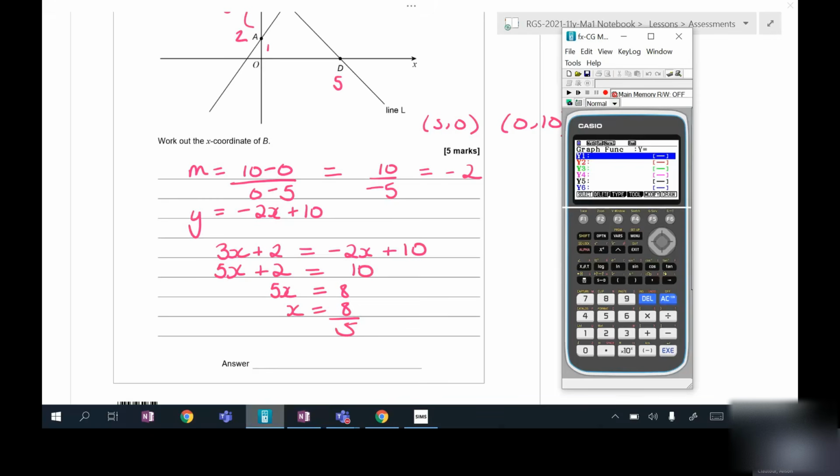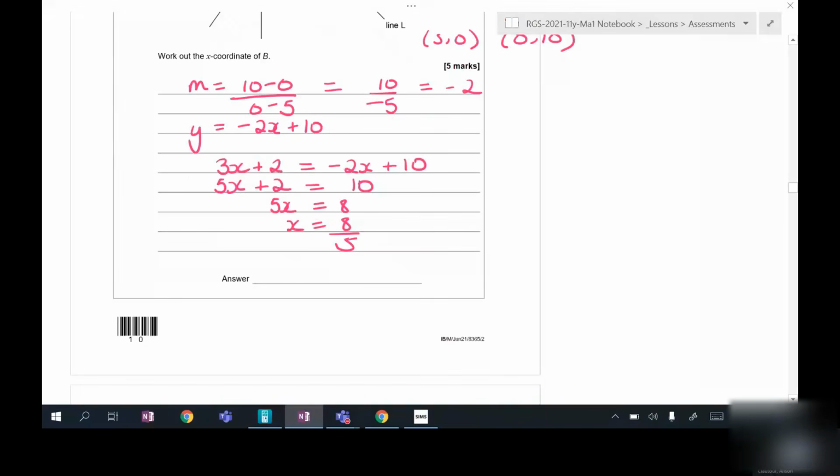If I put the graph of 3x plus 2 in, and then put the graph of -2x plus 10, then I can press G-Solve, intersect, and I get an x of 1.6, which is obviously the same as 8/5.